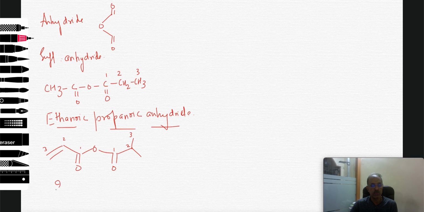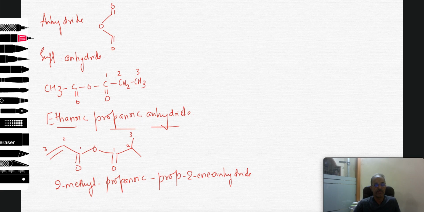It will be 2-methylpropanoic prop-2-enoic anhydride. 2-methylpropanoic, 1, 2, 3, propanoic prop-2-enoic anhydride.